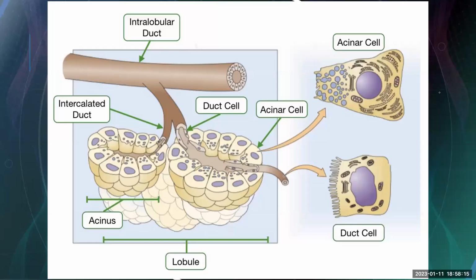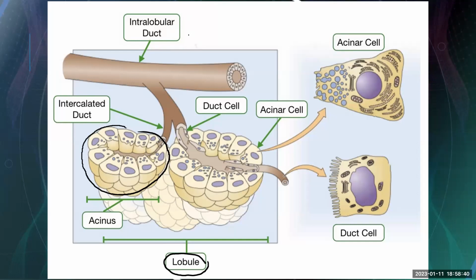And here is how it looks again. So these are the acinar cells, and this one unit is called an acinus. Then the collection of acini makes the lobule, and then everything finally ends up in the pancreatic duct.